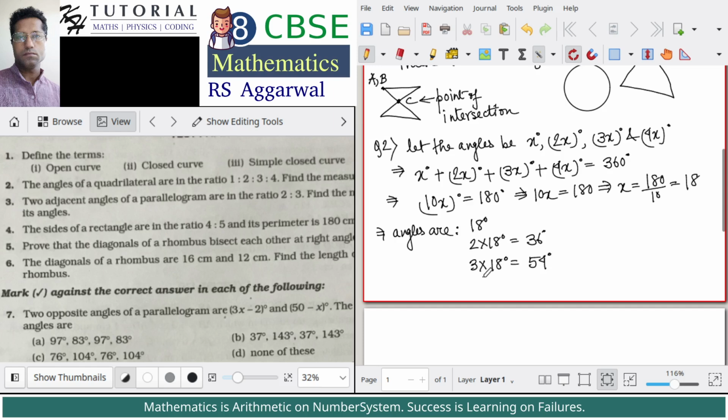And the last one will be 4x degree, that is 4 into 18 degree, which is 72 degree. I hope I did the calculation right. If we add up 18, 36, 54 and 72, it should be 360.